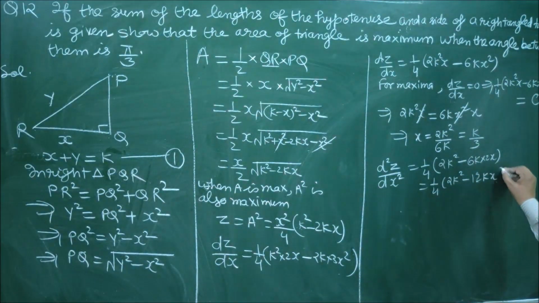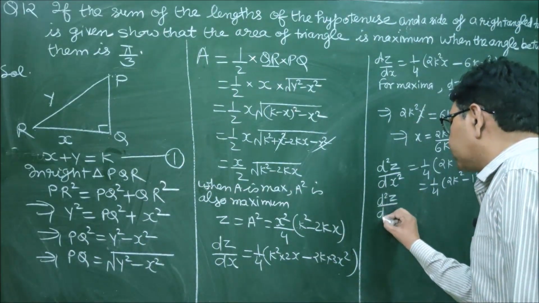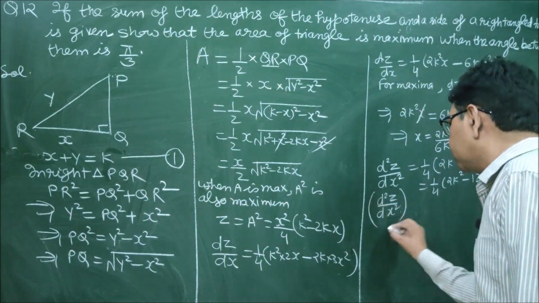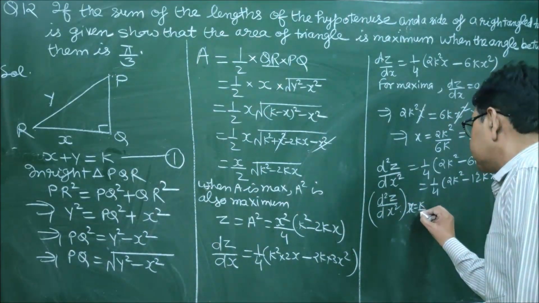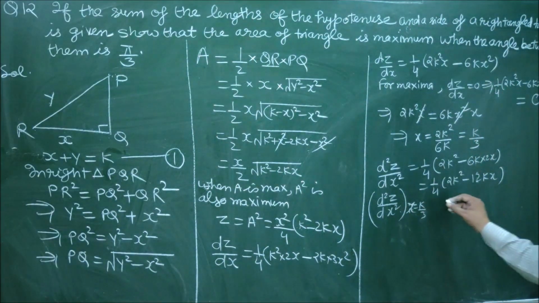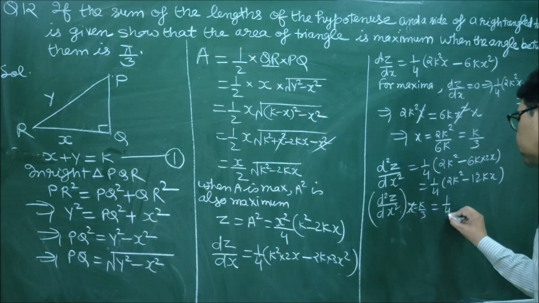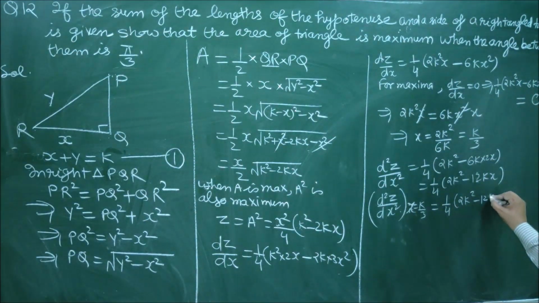Putting the value of x equal to k upon 3 in the second derivative, this is equal to 1 by 4 into 2k square minus 12k into k upon 3.